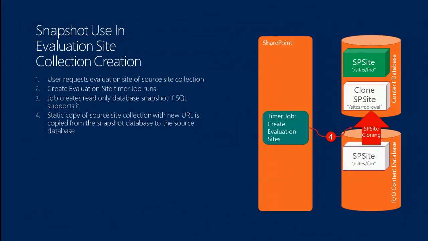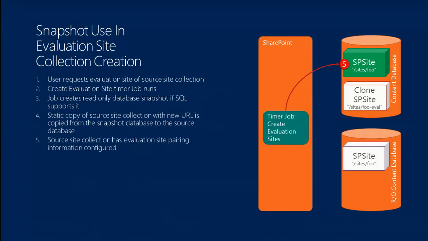However, it's also transforming the URL as it does this copy. So it's making sure that the URL is different. It also is making sure the site collection ID is different. And it needs to do that, otherwise it wouldn't work. Especially because, as you notice here, the default is that it's creating the copy in the exact same database as where the source site collection came from.